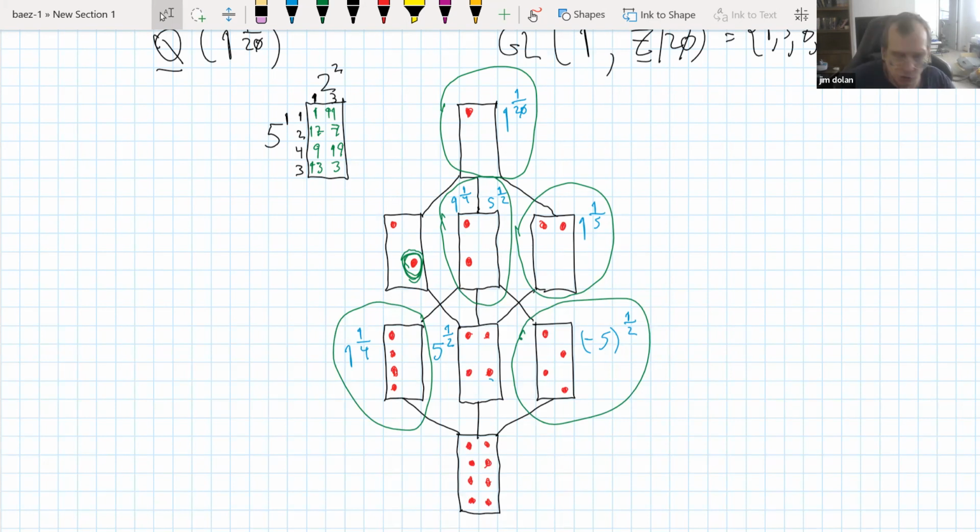Anyway, we're going to try to visualize all of that, and or calculate with it, understand it in any way we can. And we could do the same thing perhaps with the real part of the 20th cyclotomic field.